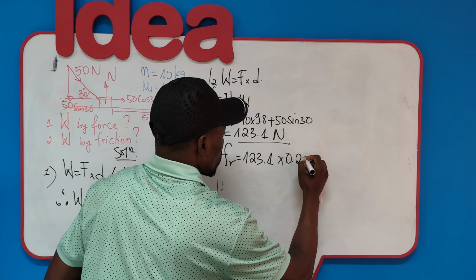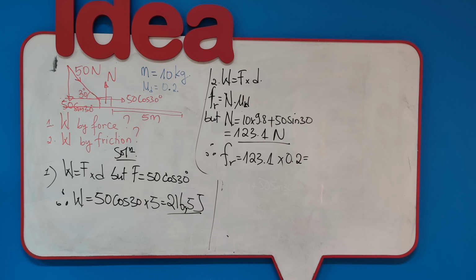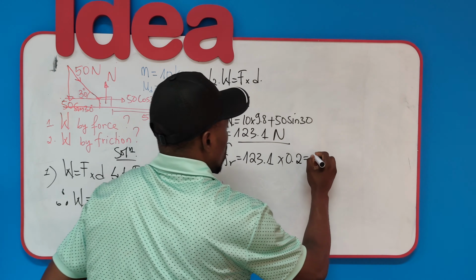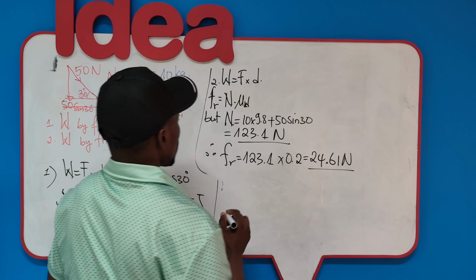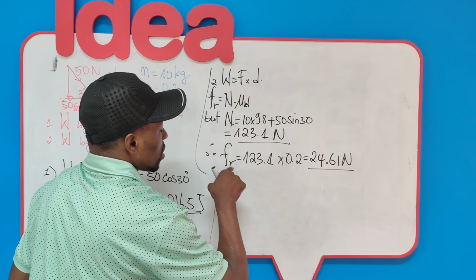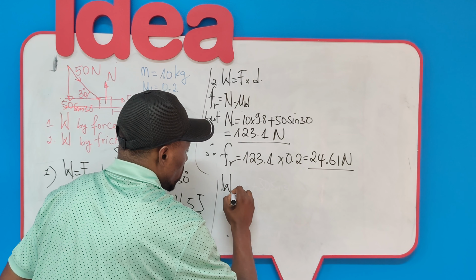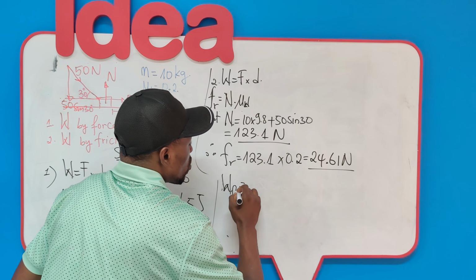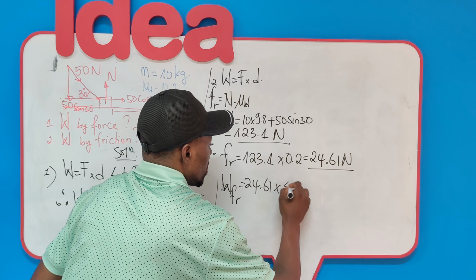If you punch this correctly, mu d times 123.1 gives 24.61 Newton. So this is actually the friction force. From here we can get the work done by the friction force, which will be equal to the friction force, 24.61, times the distance covered.